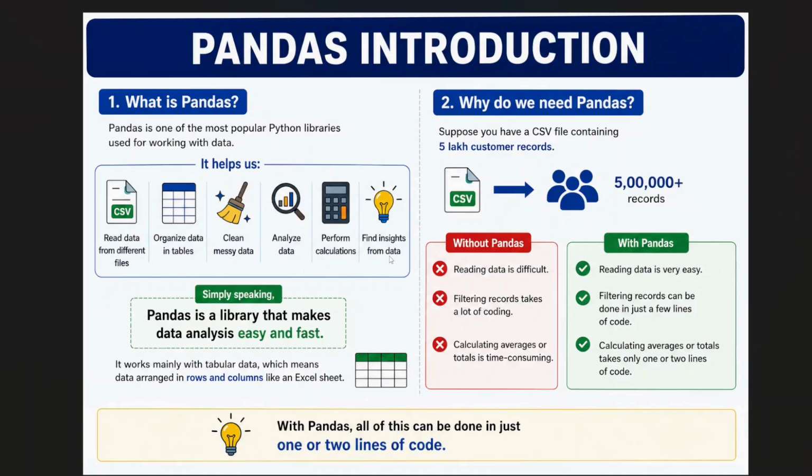In simple words, Pandas is a library that makes data analysis easy and fast. It works mainly with tabular data, which means data arranged in rows and columns like an Excel sheet.